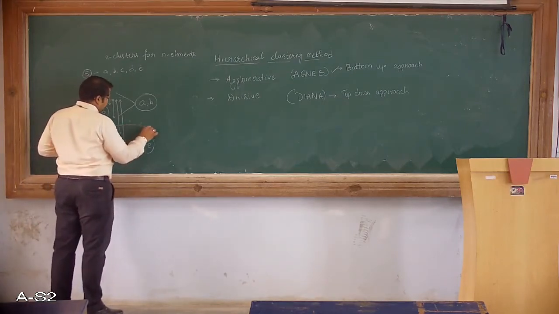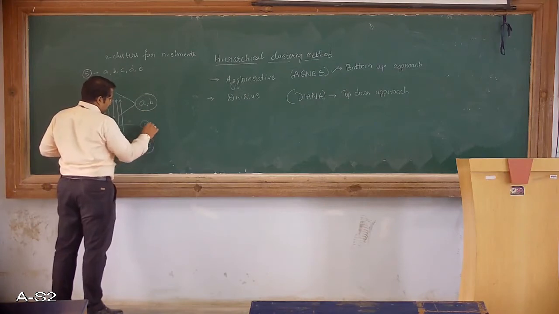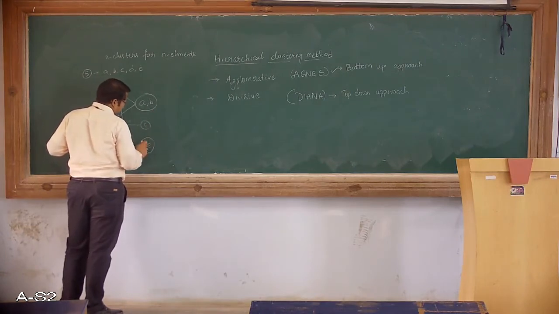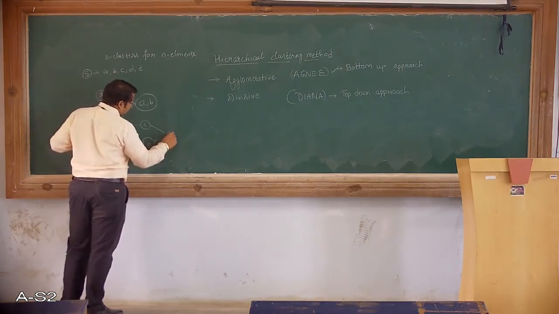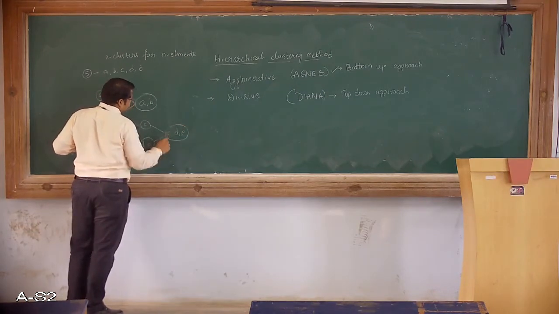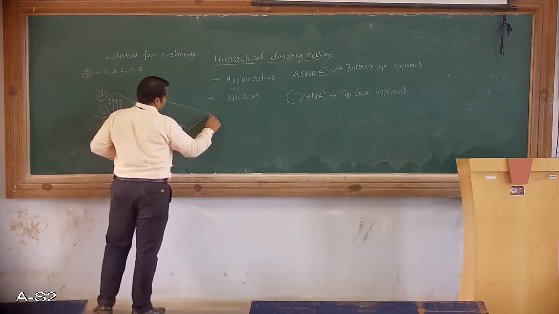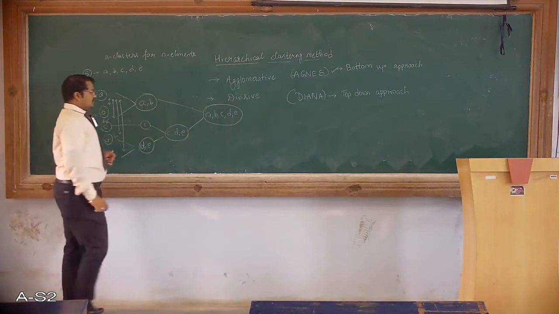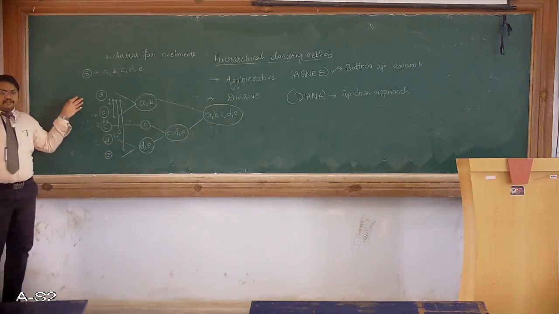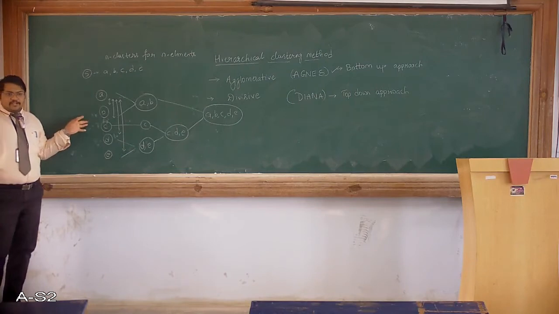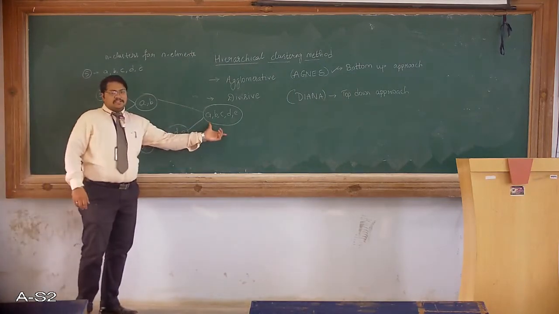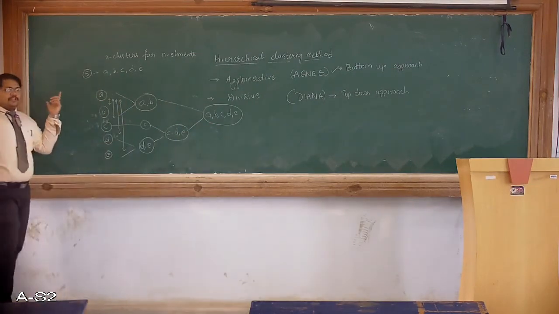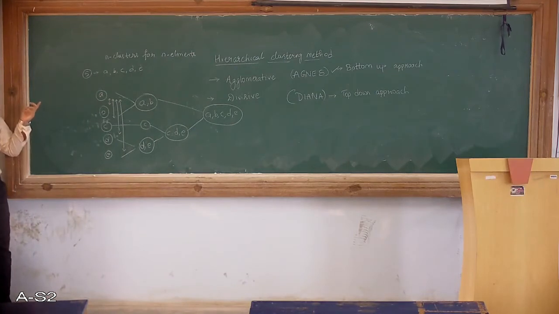Now we compute the distance again. Suppose the distance between C and D is smaller, this becomes C, D, E, and at the last stage we get A, B, C, D, E. So you can see that from n different clusters for n different objects, we have arrived at the end stage with one cluster for all n objects.